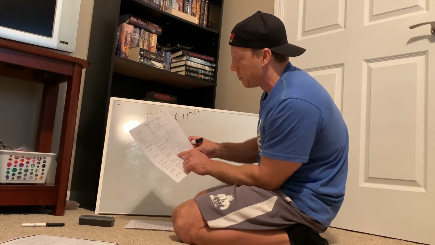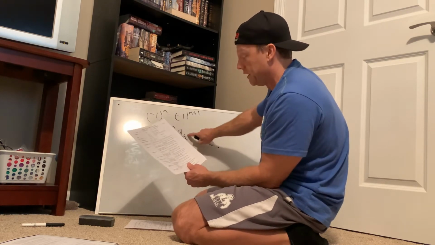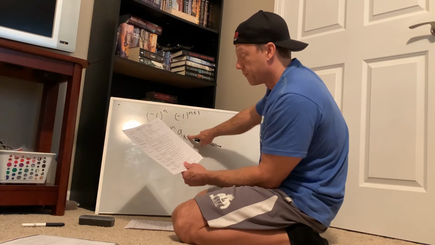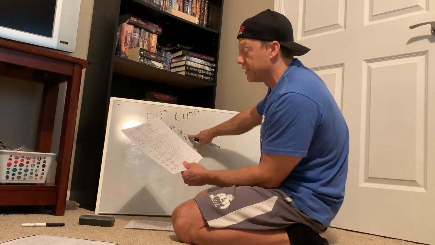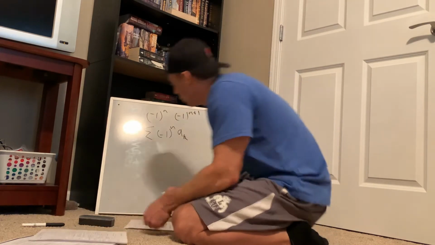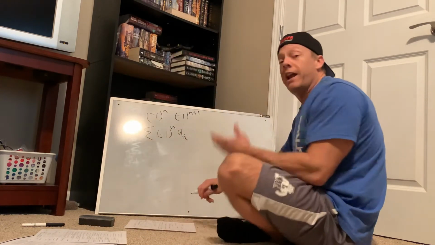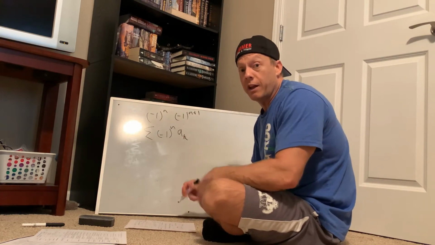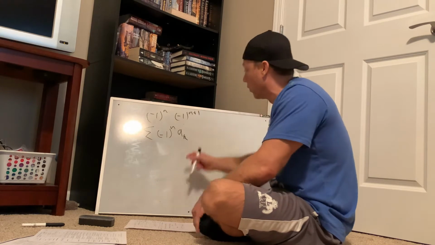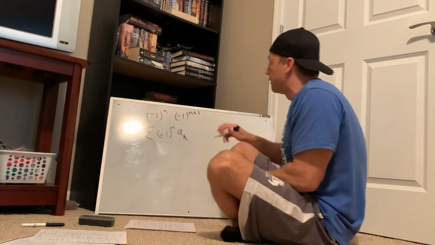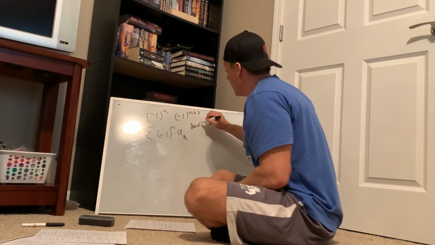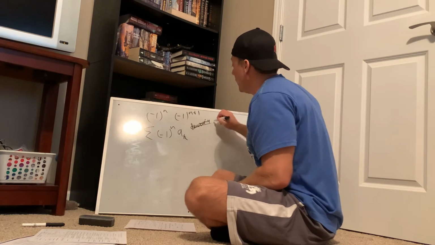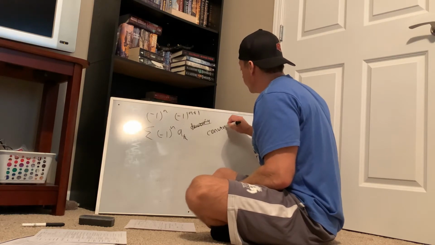If the limit as n approaches infinity of a_k is equal to 0 and a_k is decreasing, that means the series converges. So what we do is we just look at a_k and ask myself, is this a decreasing function? That's really all you're looking for. Is this thing a decreasing function? And if it is, then we know that this is going to converge.